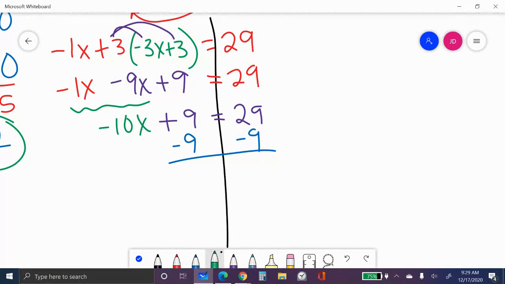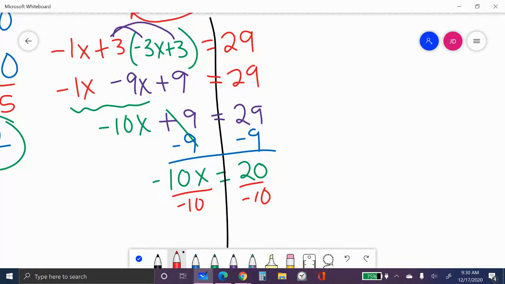And you get negative 10x. Those will cancel. Negative 10x is 20. Divide both sides by negative 10. And you get my answer is negative 2.